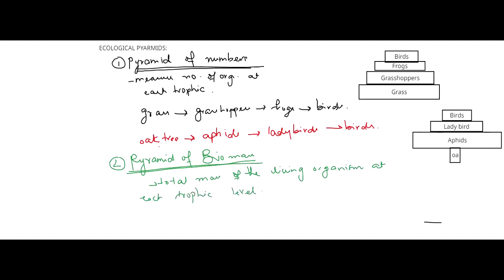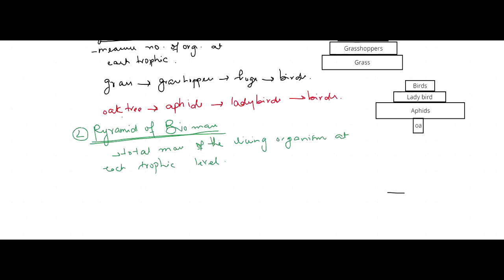Okay, so that means that if I try to make over here, even though there is one oak tree, the mass of that one oak tree is going to be a lot, right? Then if I take those billions and billions of aphids and add up all of their masses, they're going to be slightly lesser than the mass of the oak tree.